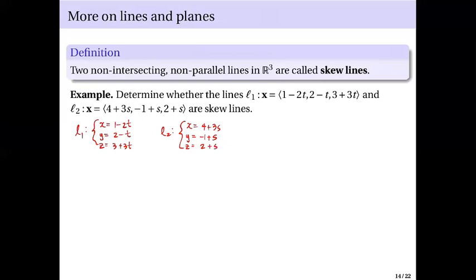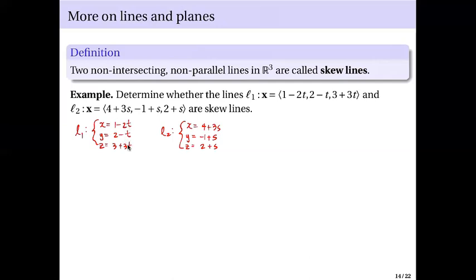Okay? So we want to show whether these two lines here are skew lines or not. And in order to do that, we have to show whether L1 and L2 are parallel, and whether L1 and L2 are intersecting. For parallelism, it is easy because you have these parametric equations, and you just look at the coefficients of your parameter t.